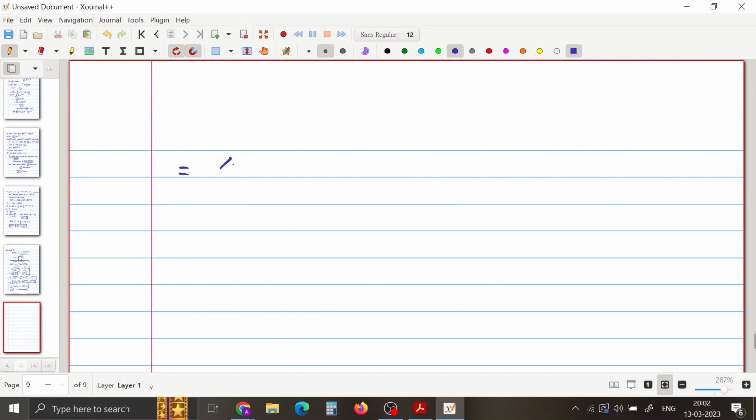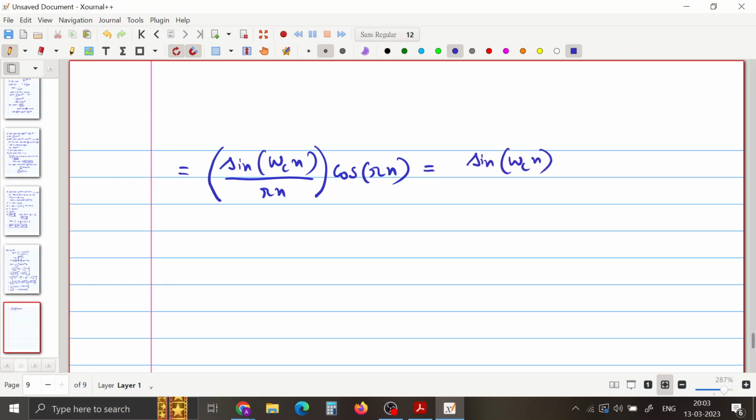So you get sine omega c n by pi n, the whole thing, multiplied by cos pi n. And I can write g of n equal to cos pi n. In fact, I can also write it in a different form.